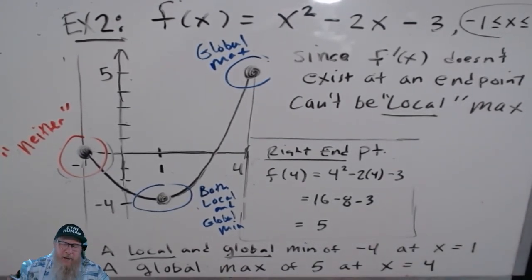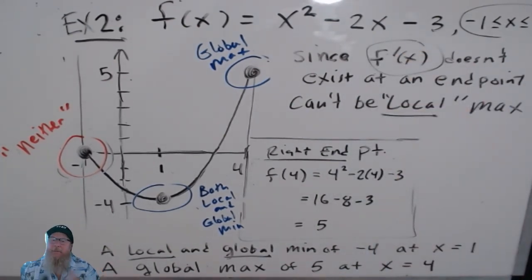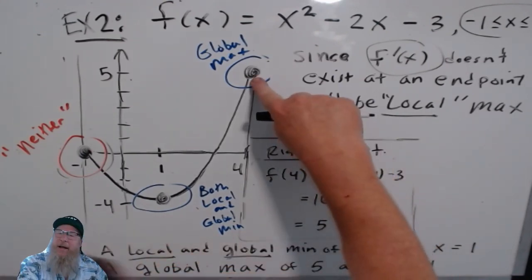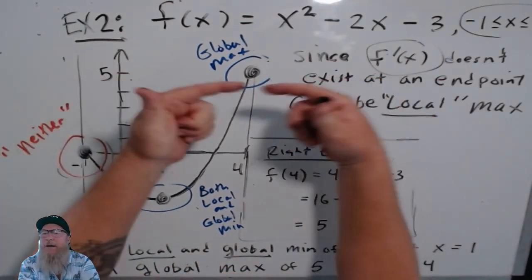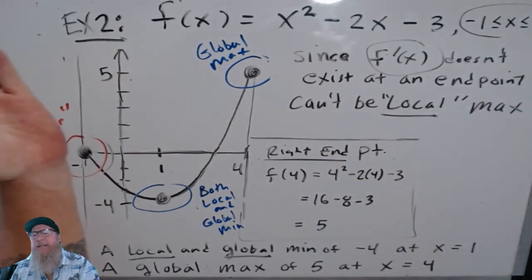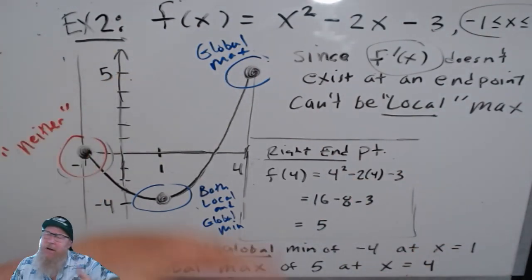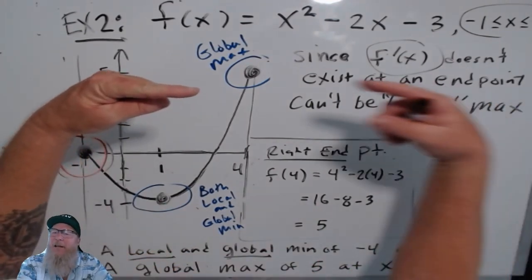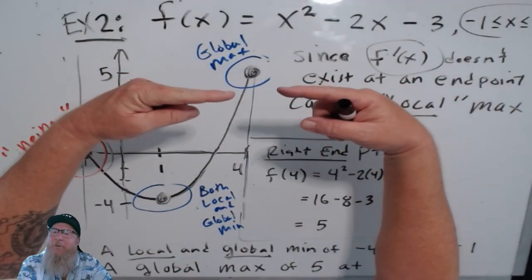Right? So in order to apply the word local, the derivative must exist. In fact, both derivatives have to exist, the first and the second. And remember, an endpoint cannot have a derivative because it's discontinuous at that point. All right, going all the way back to the definition of the limit, the limit on the left and the limit on the right have to agree with each other.